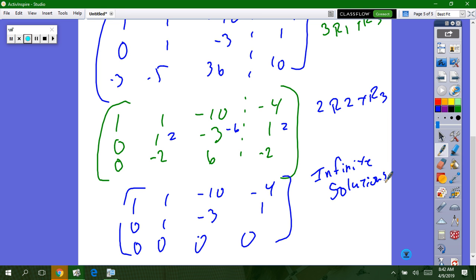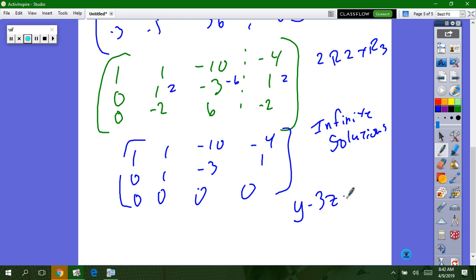You want to find that dependent solution. Does that make sense? So notice what I do is I come back up to row 2. What can we say for row 2? Y minus 3z equals 1. Or we could say y is 3z plus 1.